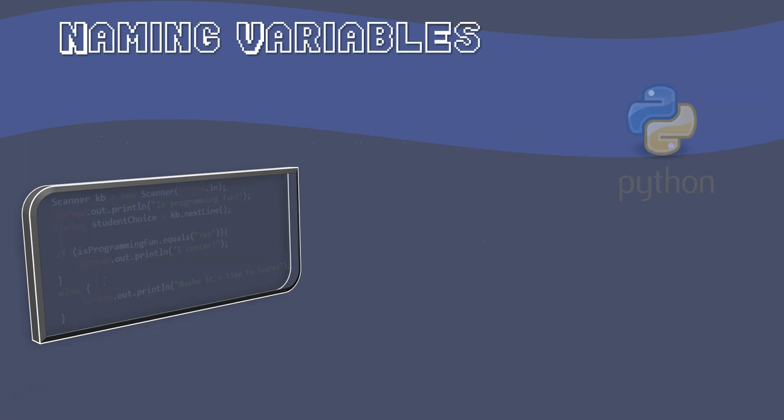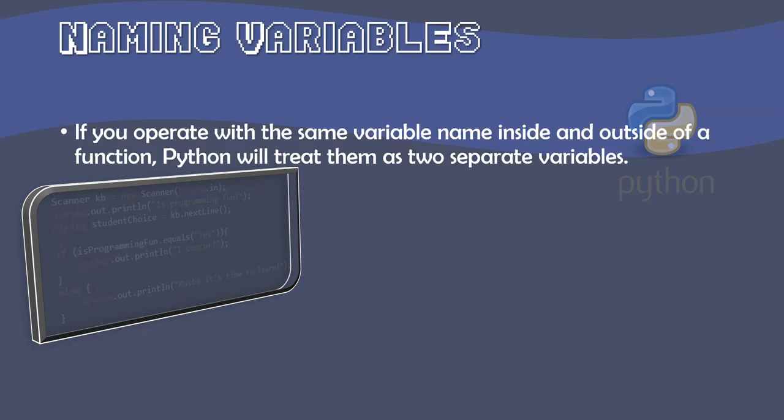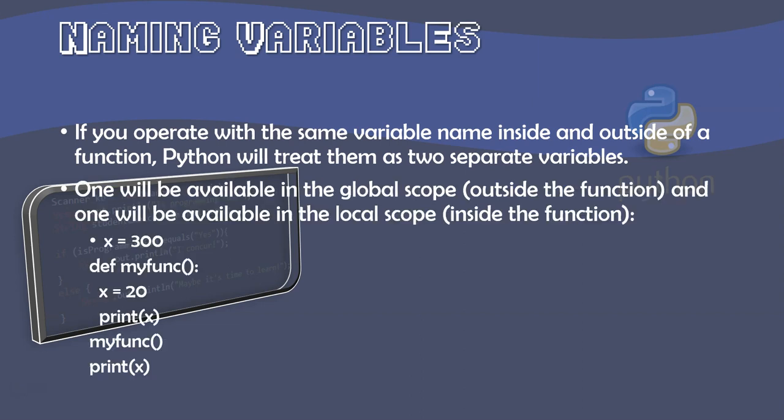Now, that gets us into talking a little bit about naming of variables. If you operate with the same variable name inside and outside of a function, Python is technically going to treat them as two separate variables. One would be available in the global scope, outside the function, and the other will be available in the local scope, inside the function. So here I have x equals 300. We have a function called my function, and here we're defining x as 20.